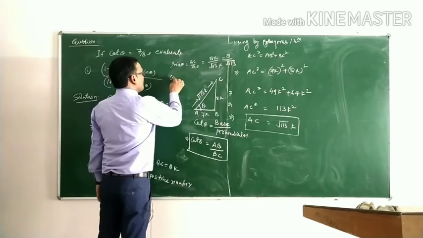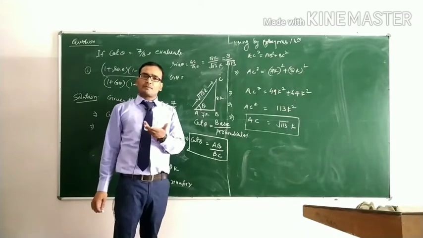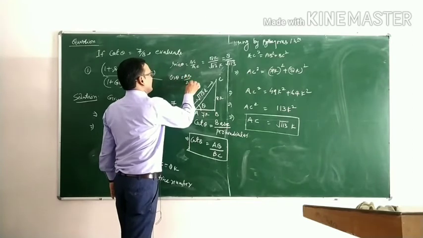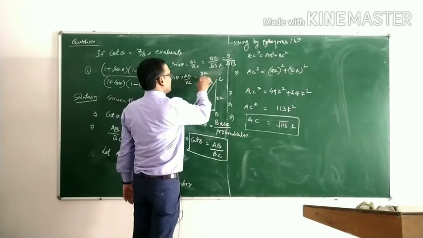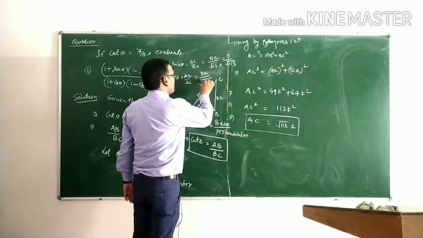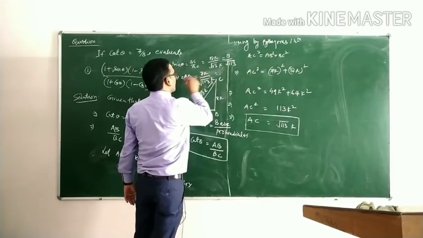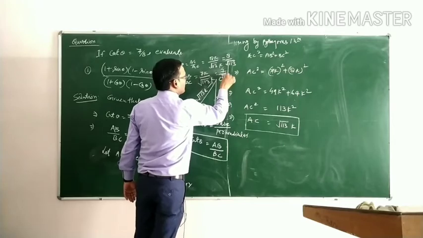Similarly we find cos theta, which is base upon hypotenuse, that means AB upon AC, which is 7K upon square root 113 K. Finally cos theta is 7 upon square root 113.